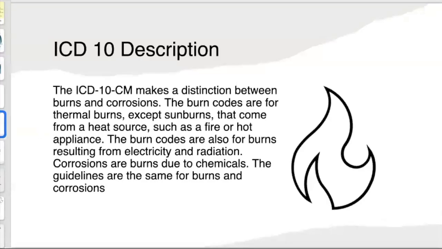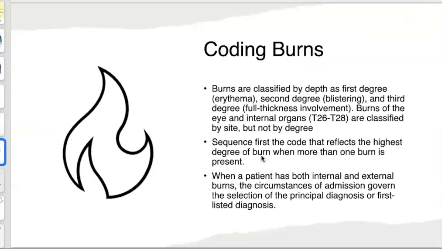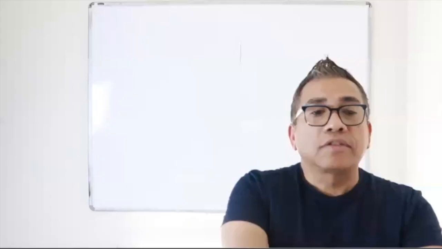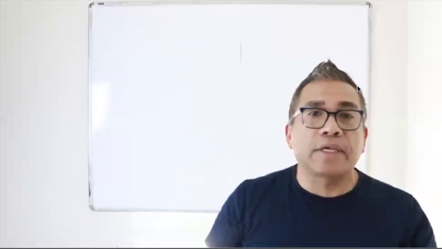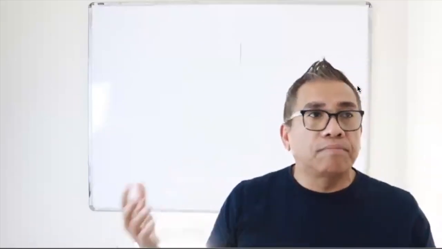Second one, okay? It says here, sequence first the code that reflects the highest degree of burn when more than one burn is present. So it is very clear, guys. Talk about organizing your codes. The guideline says you have to sequence as primary diagnosis the burn that has the highest degree. Let's say, for instance, a patient suffered burns on both arms.